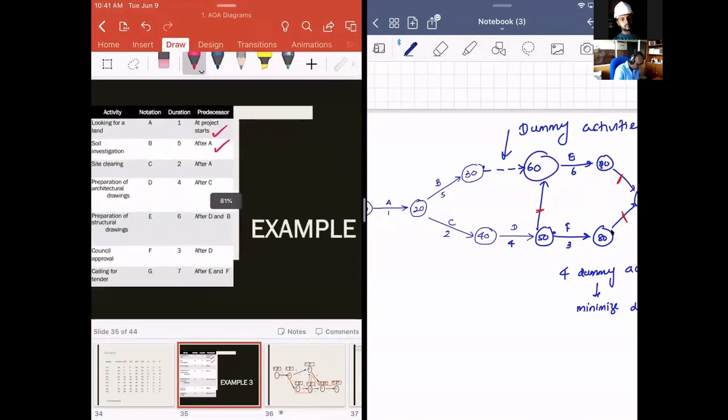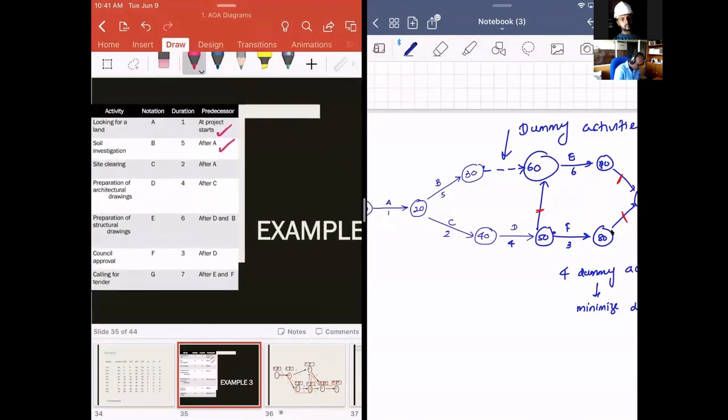Okay, right. Now these cases, the first case no issue, second case no issue, third case no issue, fourth case also no issue. Only these 3 activities are having issues. If you can see my screen, if you have any issue, you can use the chat to let me know. Now here we have to be careful. There should be one node where both D and B finish.